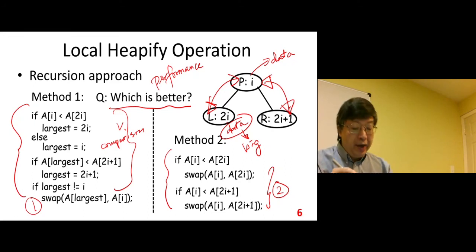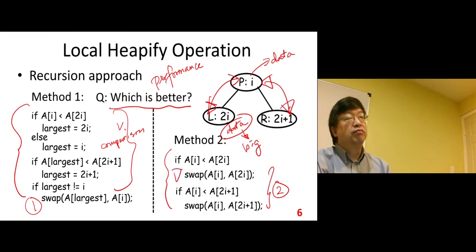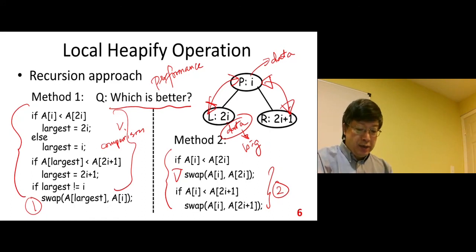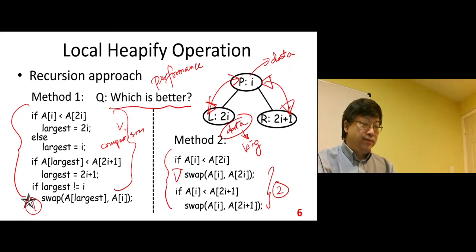That's why if we can reduce one swap operation, we should do it, because that can save a lot of time and resource. So our choice is method 1.